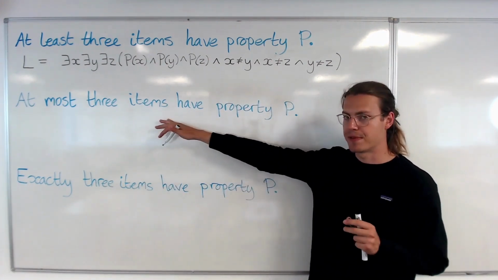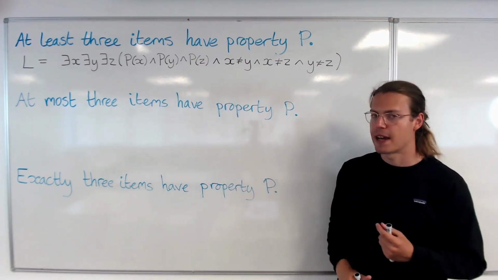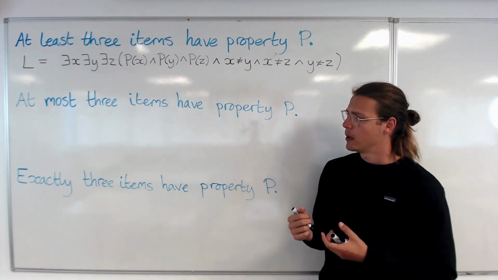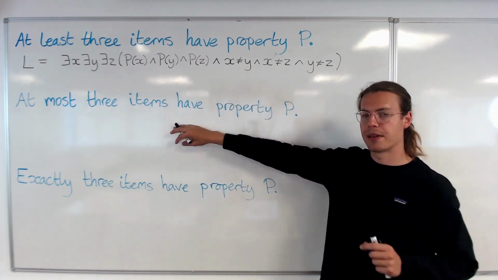Let's move on to the next statement for now though, which is at most 3 items have property P. Now we can take inspiration from our first answer to get this one.